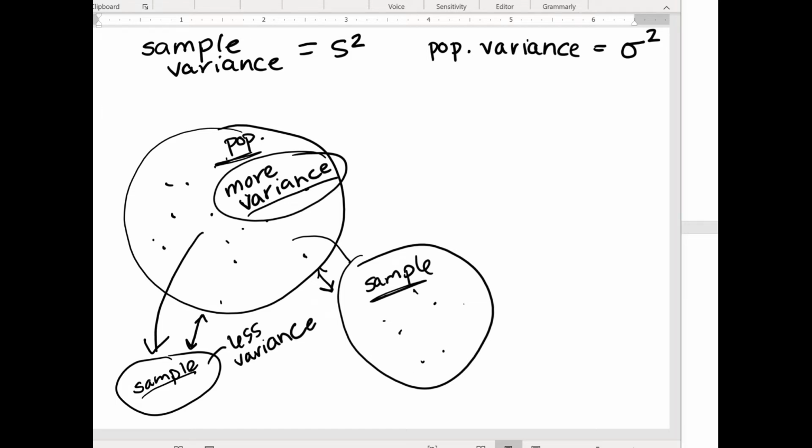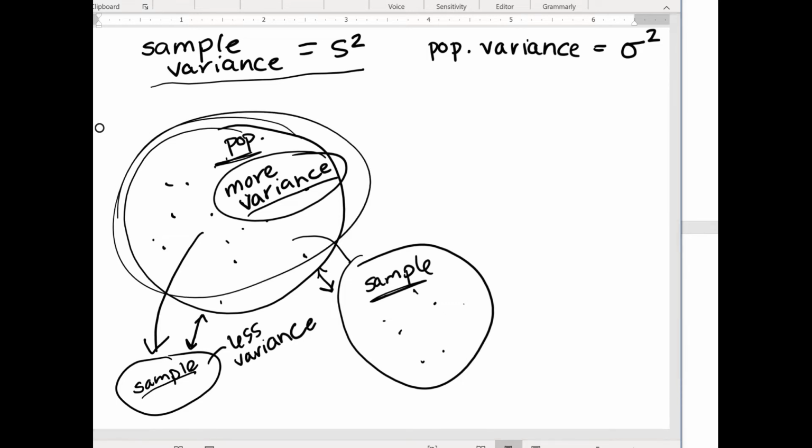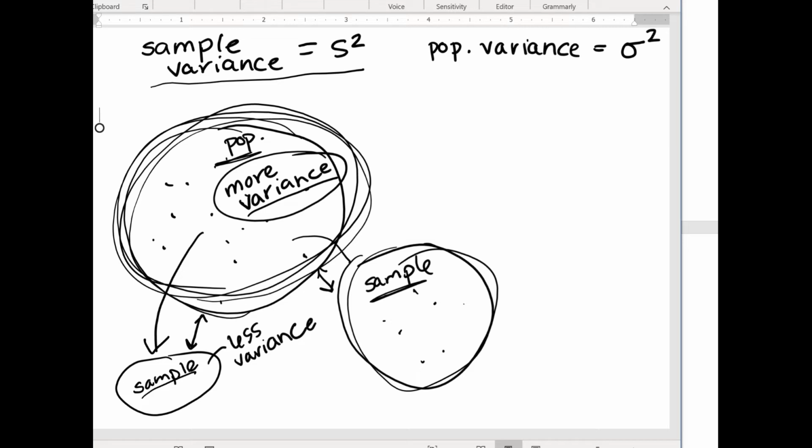So consider that when we use a sample and calculate a sample standard deviation, or the sample variance, we're trying to estimate for the whole population, right? That's who we really care about. We can say this is what it is for the sample, but really what we want is what we think it is for the whole population.